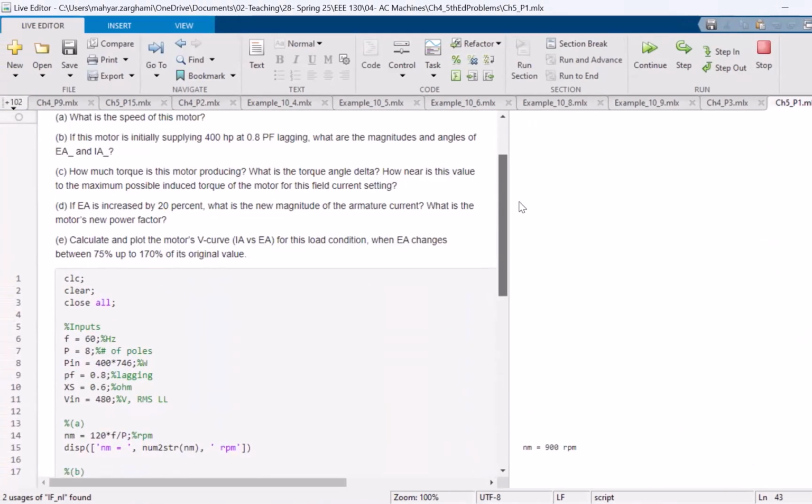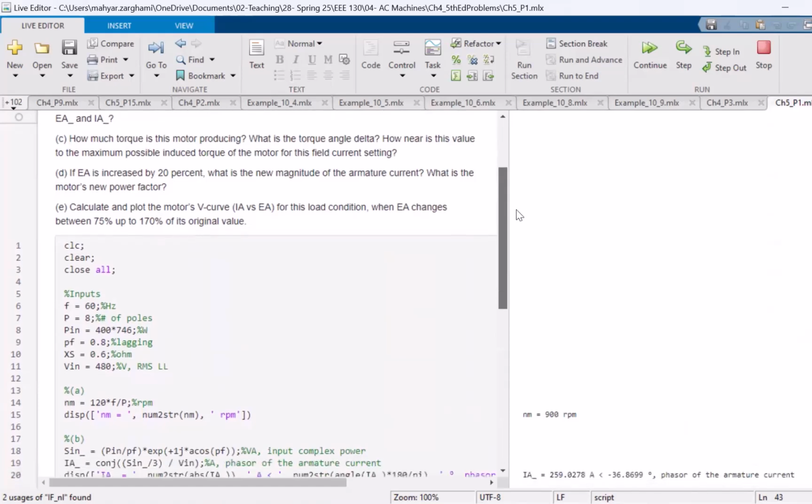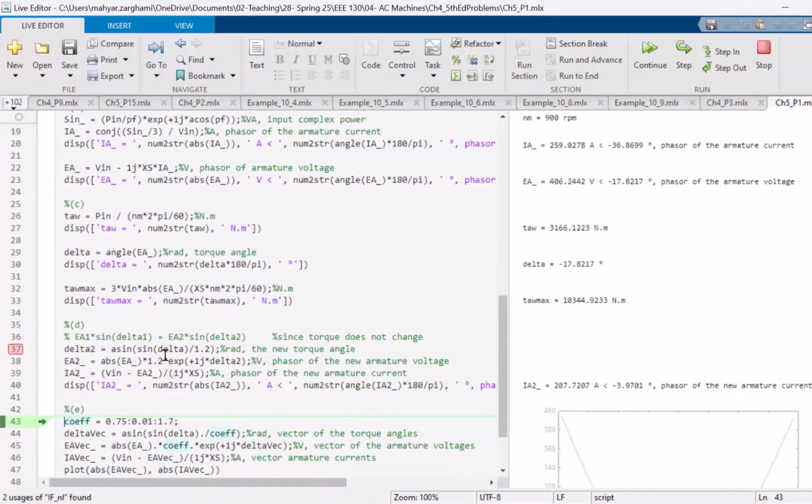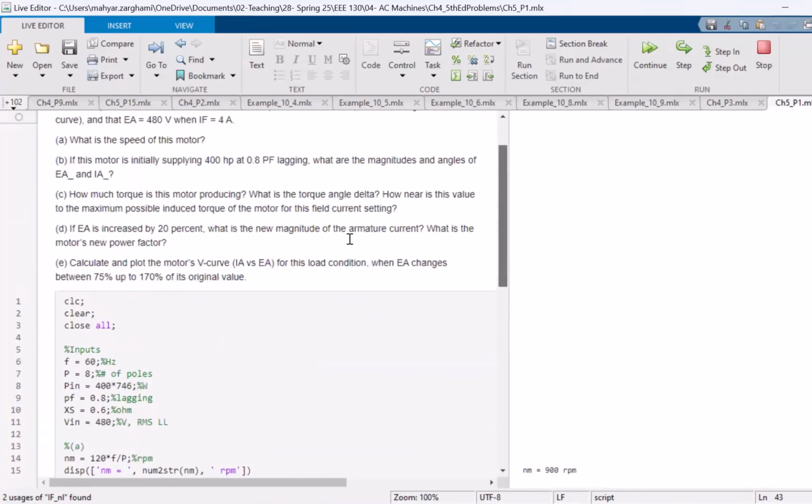The last part of the problem wants you to calculate and plot the motor's V curve. What is the motor's V curve? That is IA versus EA. What we did here was to increase EA by 20%. So we're going to repeat this when we change EA between 75% up to 170% of the original value.